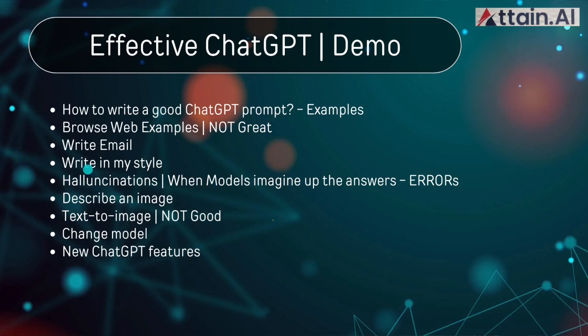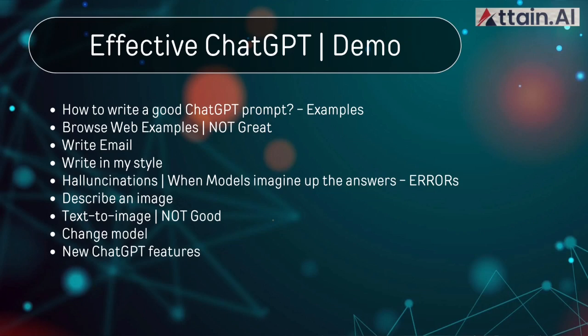Okay, let's quickly move. What are hallucinations? Hallucinations is a very, very important concept in ChatGPT or any generative AI. Now, these generative AI models are not always right. They make errors. And sometimes, when they do not have an answer, they imagine up an answer.